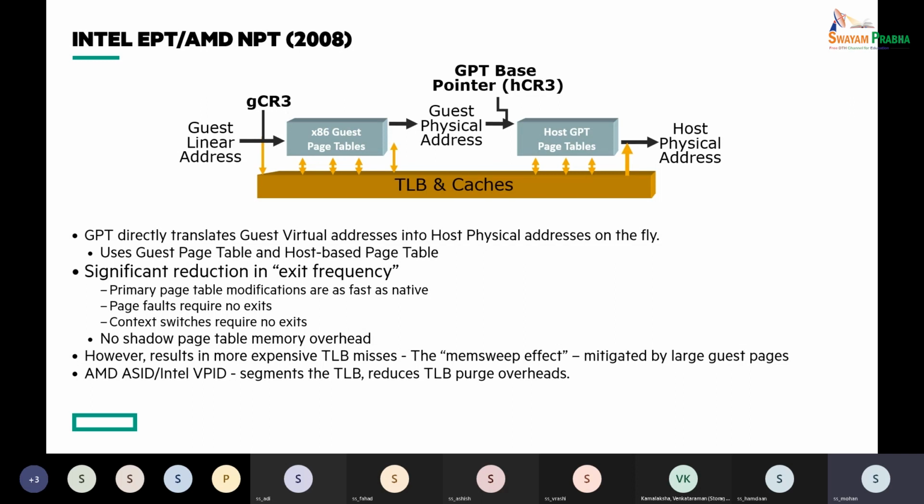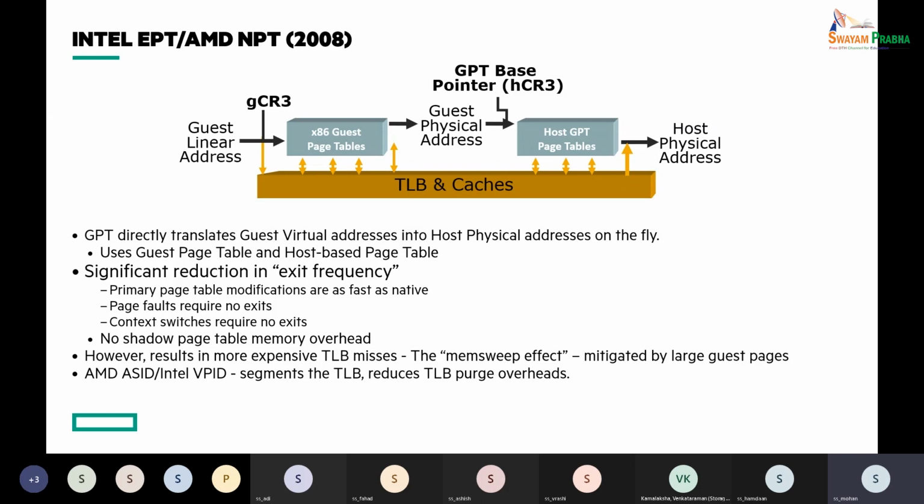The processor takes care of the whole page table walk, and all the software has to do is basically set up the page tables. In that sense it's pretty neat, and only one time the VMM has to set up the page tables for a particular guest, and then everything is taken care of when it runs.